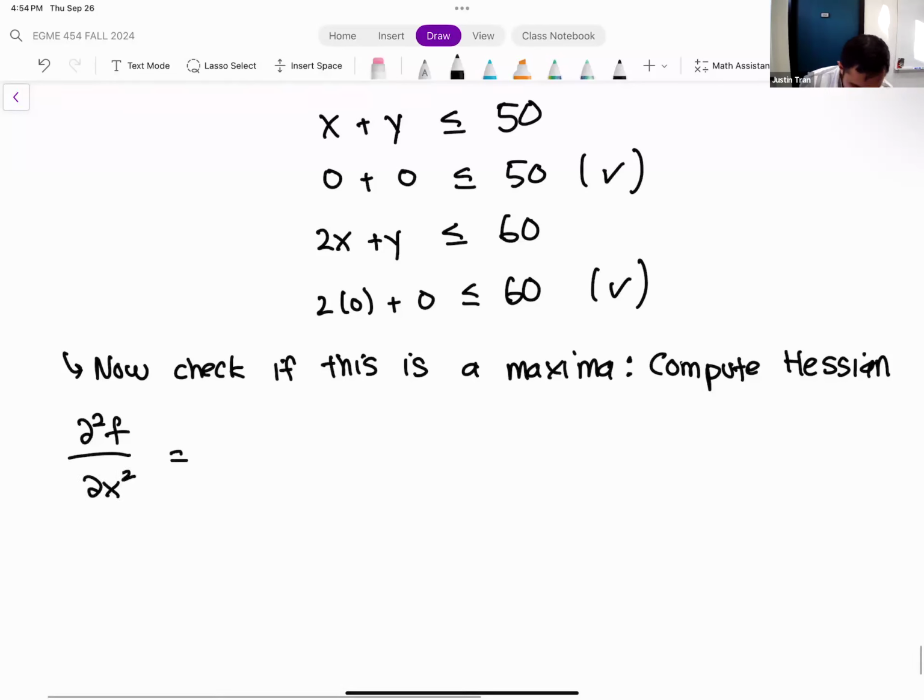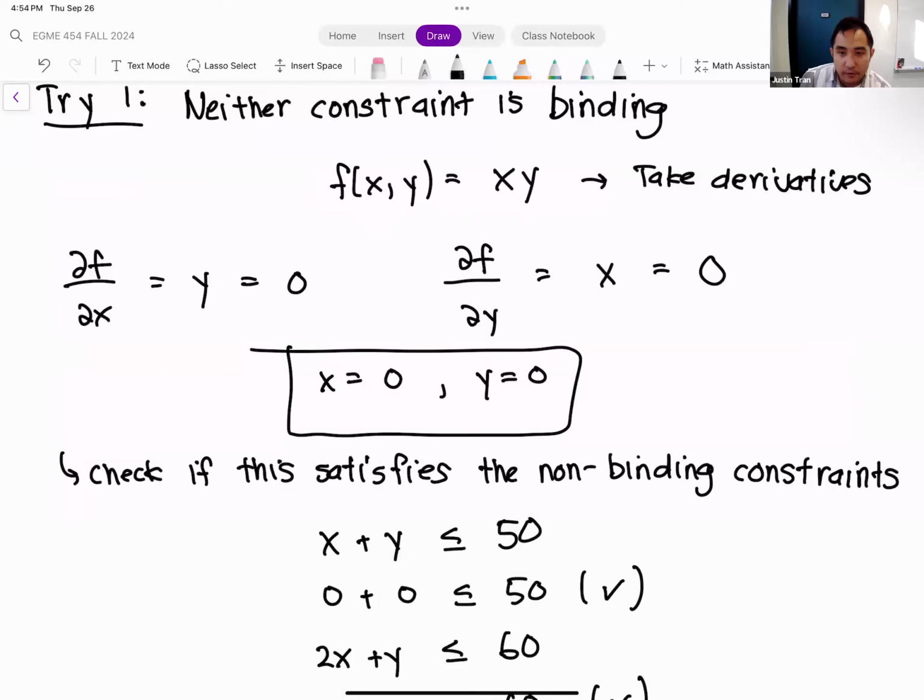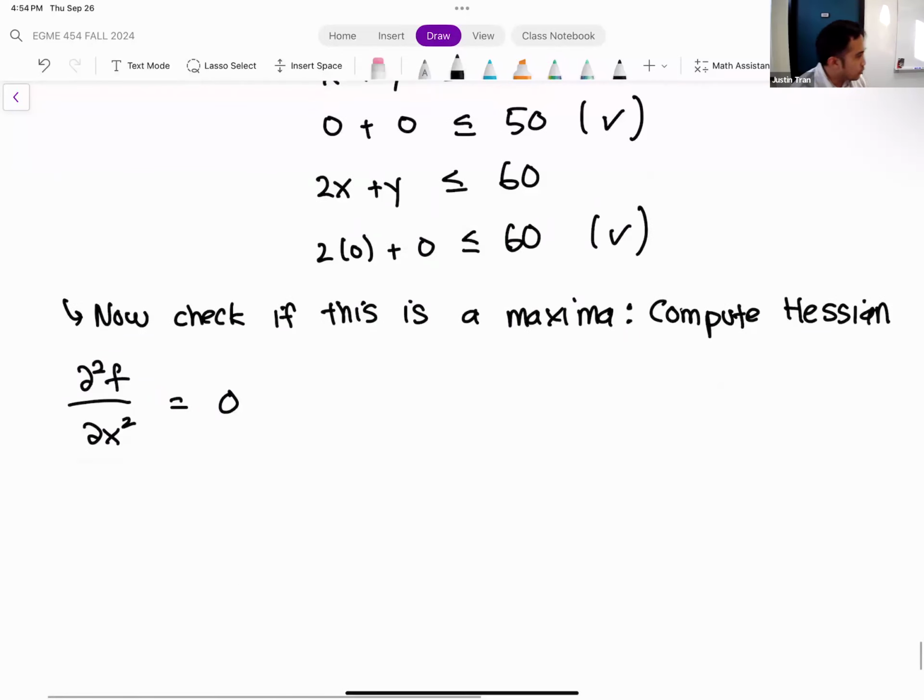Partial squared f, partial x squared is just going to be 0, because the first derivative of f with respect to x was y, and if we take another derivative with respect to x, y does not depend on x, so we get 0. Same thing for the second order derivative with respect to y. The first order derivative of f with respect to y gave us x, and if we take another derivative with respect to y, that's going to give us 0.